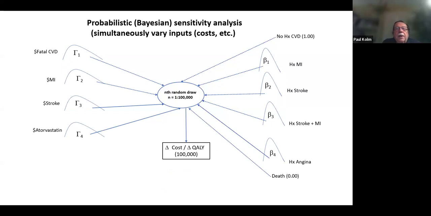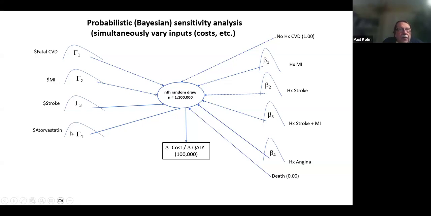So here is a picture where I'm trying to draw a very simplistic idea of what we do when we do probabilistic sensitivity analysis. We're going to draw not from the actual population, but we're going to make random draws from the theoretical distribution. So here's the cost, a gamma distribution for a fatal cardiovascular event, non-fatal MI, non-fatal stroke.